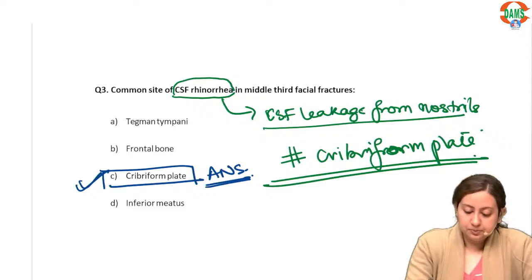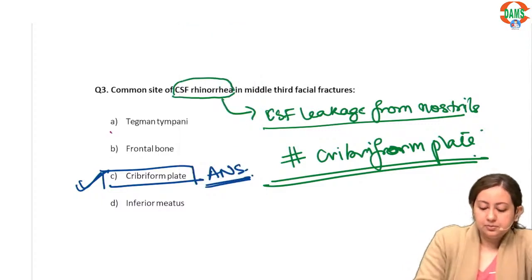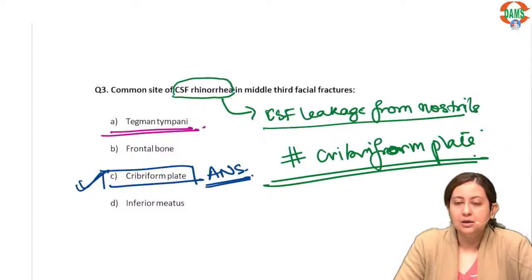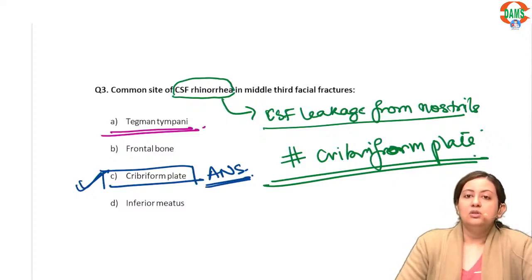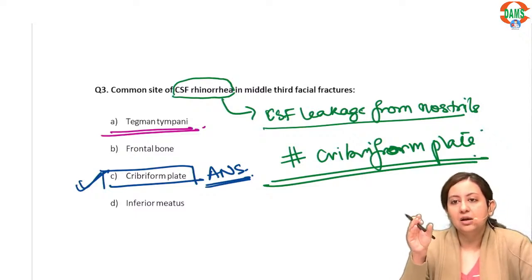Now, there are 2 points that I would like to discuss here. There is a structure known as tegmen tympani. This structure is present between your middle ear cavity and the middle cranial fossa.